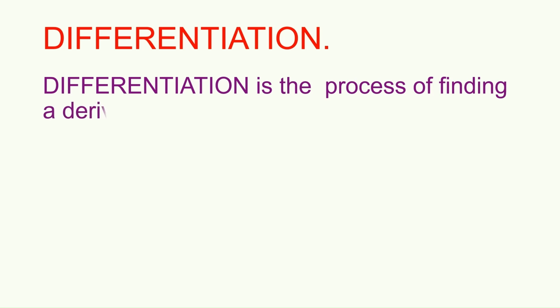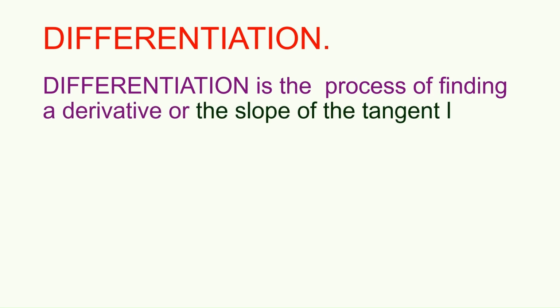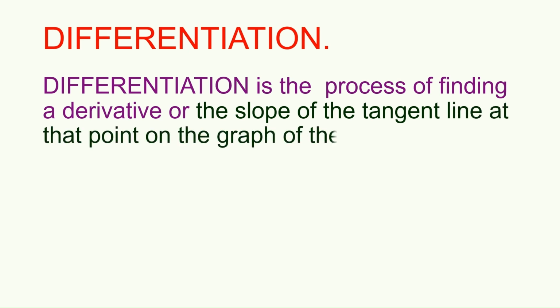Differentiation is the process of finding a derivative or the slope of the tangent line at the point of interest on the graph of the function.